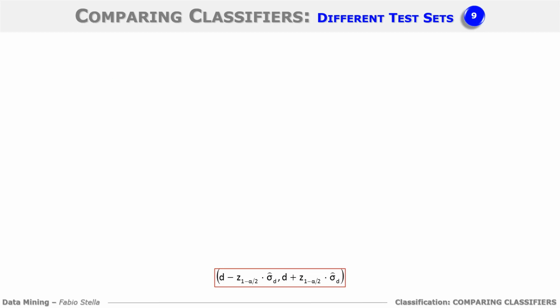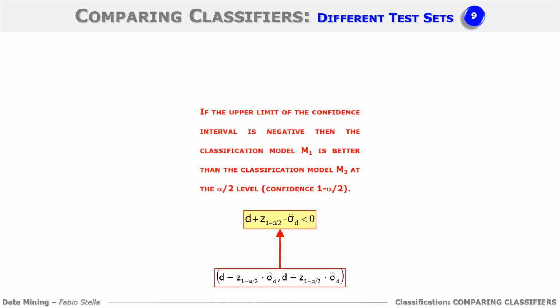In the second case, we have that the following inequality holds. Then, if the upper limit of the confidence interval is negative, then the classification model M1 is better than the classification model M2 at the alpha divided by 2 level, or with confidence equal to 1 minus alpha divided by 2.